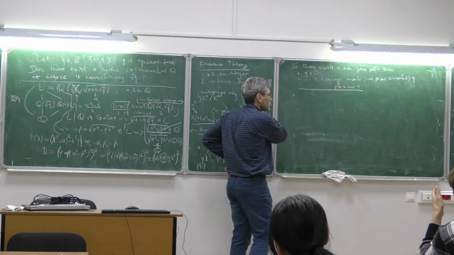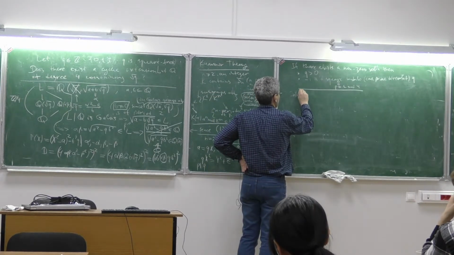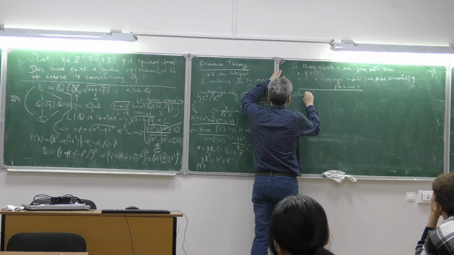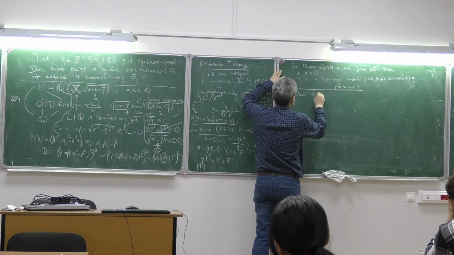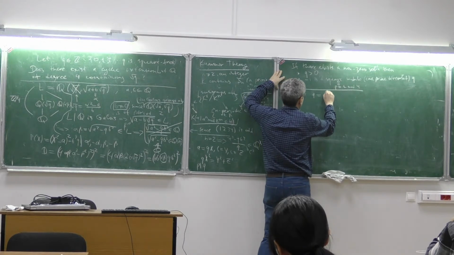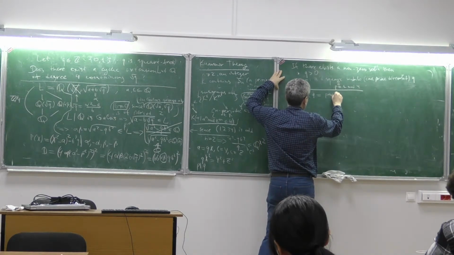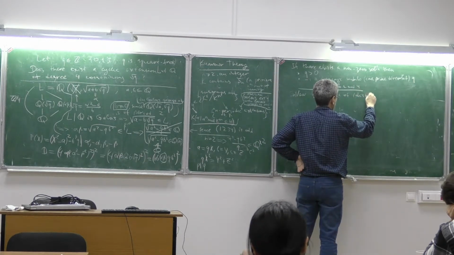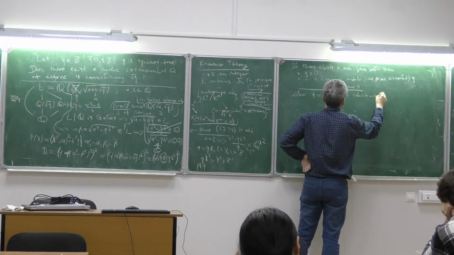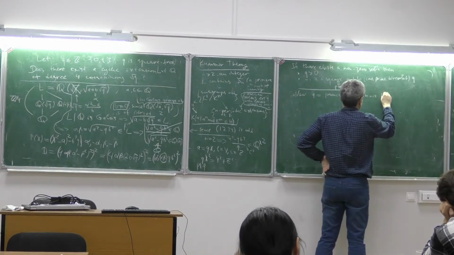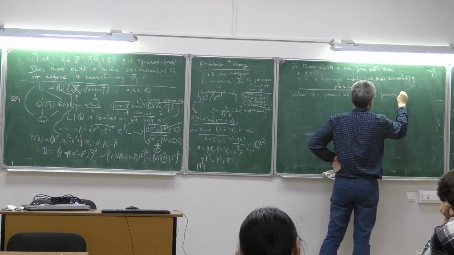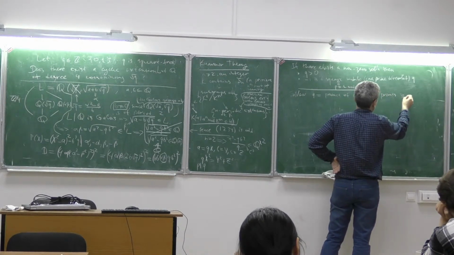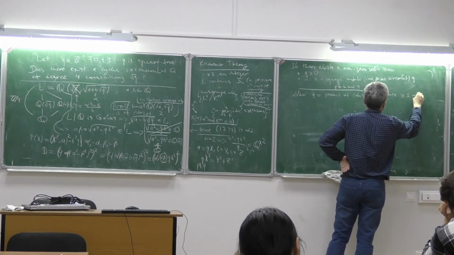So we have excluded these cases. So now q is a product of distinct primes. Well, distinct is not important, but primes congruent to 1 modulo 4.